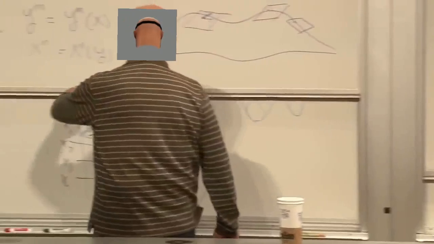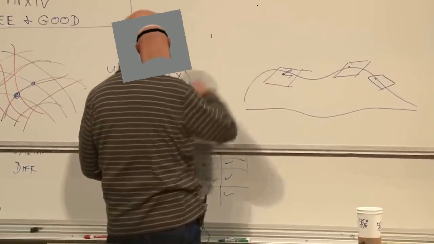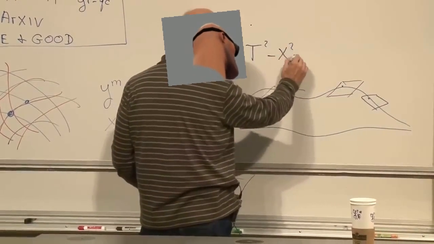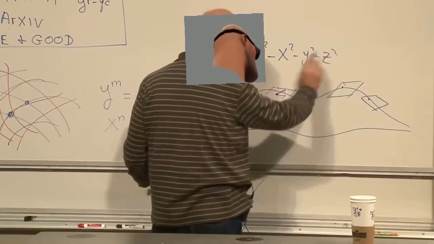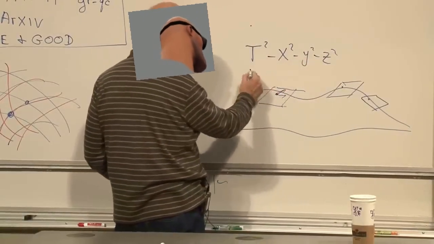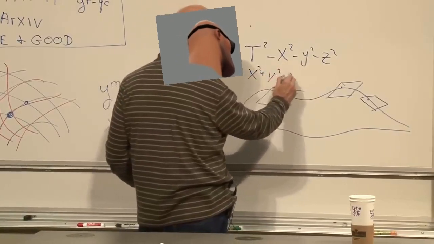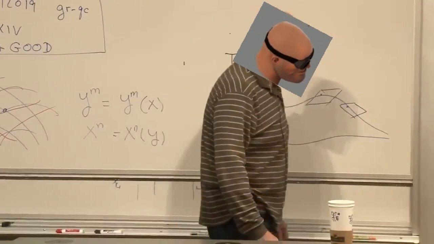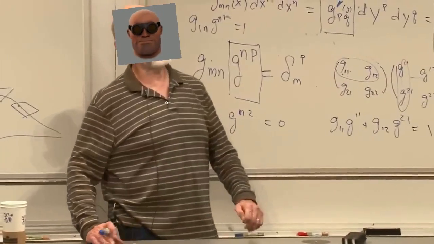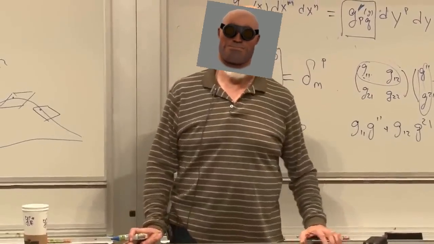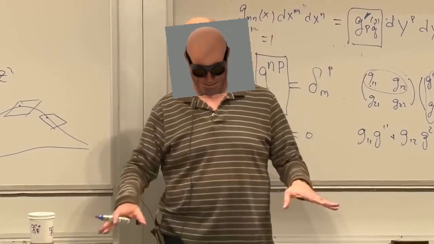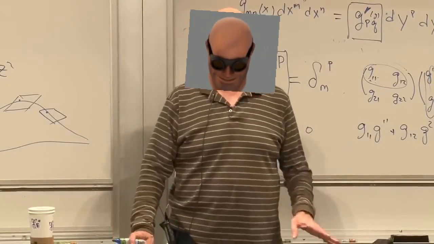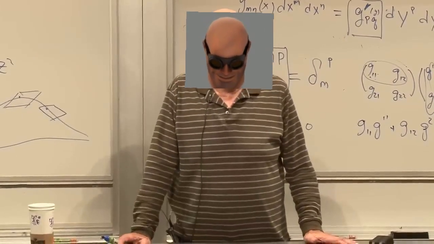Because if you remember from special relativity, the space-time distance between 2 points is t squared minus x squared minus y squared minus z squared. Or, depending on convention, x squared plus y squared plus z squared minus t squared. So in general relativity, it's not positive definite. But if we were talking about a conventional Riemannian geometry in which all distances are positive, then the metric would be positive definite. Is that what you're asking?